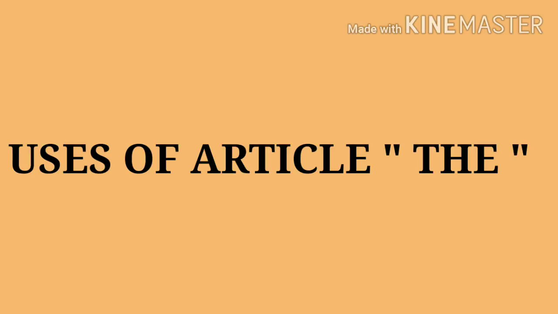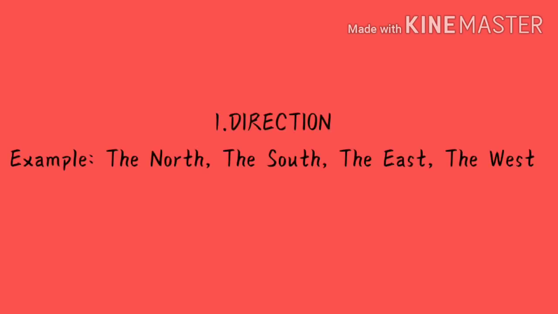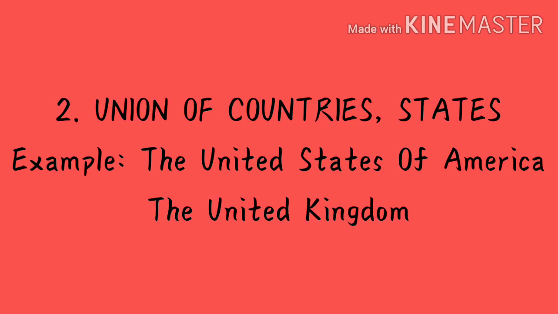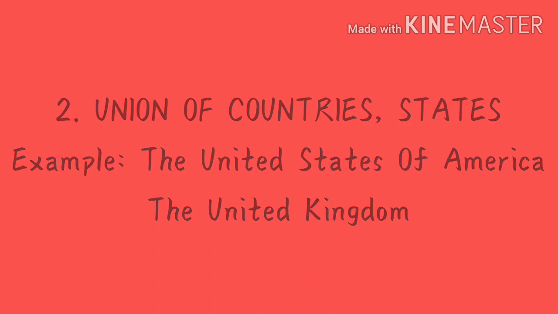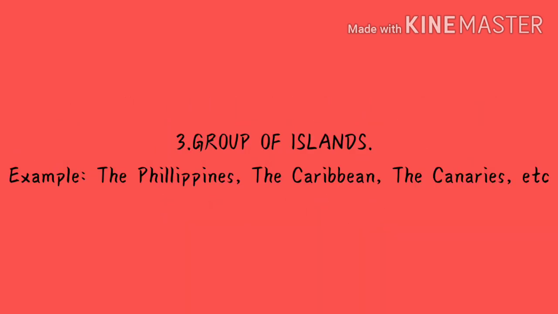Now let us learn the uses of article the. We use the while mentioning direction. For example, the north, the south, the east, the west. Union of countries, states. For example, the United States of America, the United Kingdom. Group of islands.